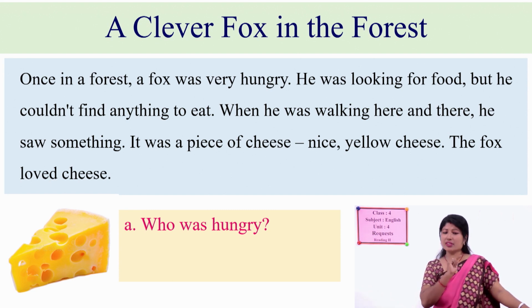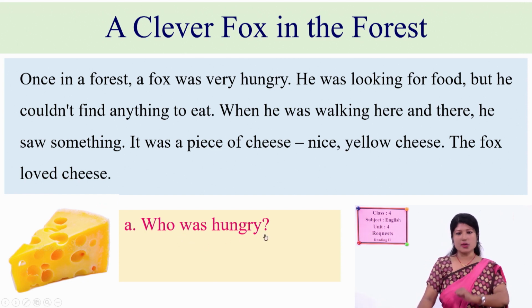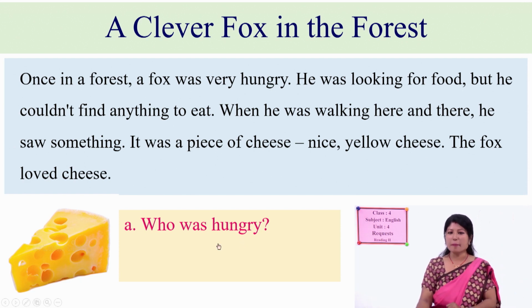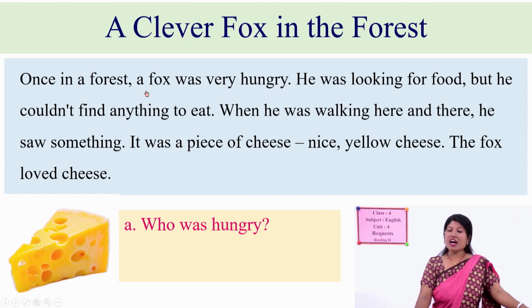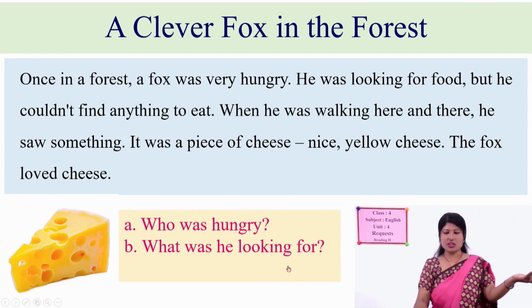Before going further, you need to answer the questions from this paragraph now. Who was hungry? Okay, let me check whether you are getting it or not. Who was hungry? A fox. Fox was hungry. Good. Next, what was he looking for?